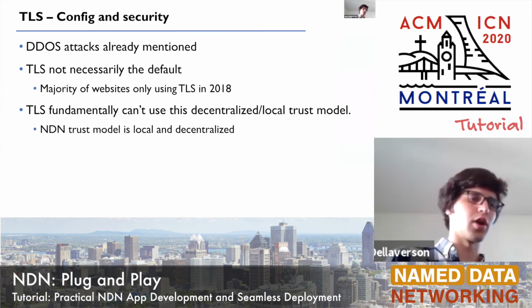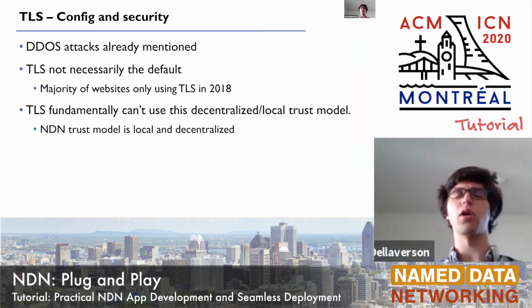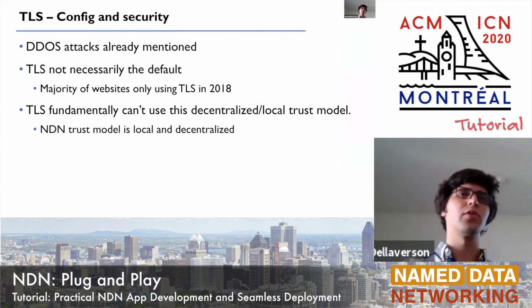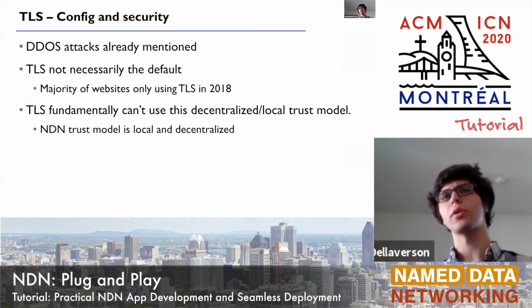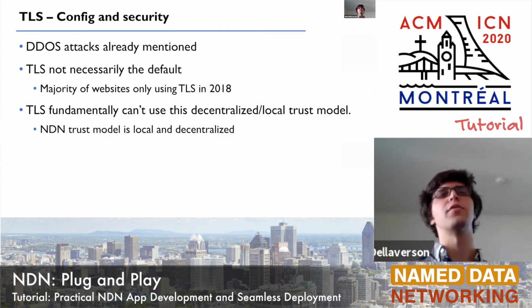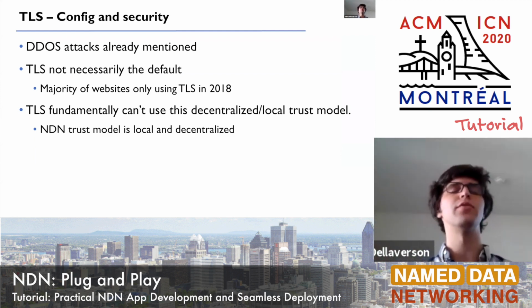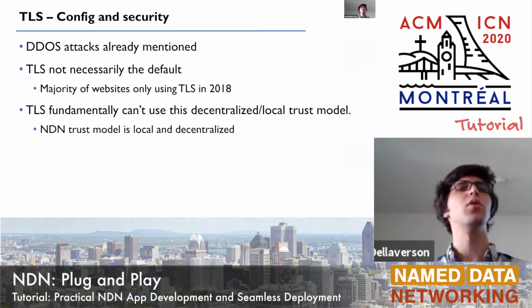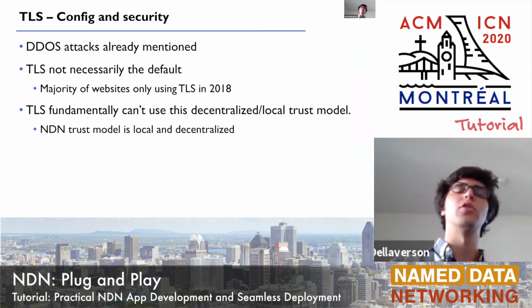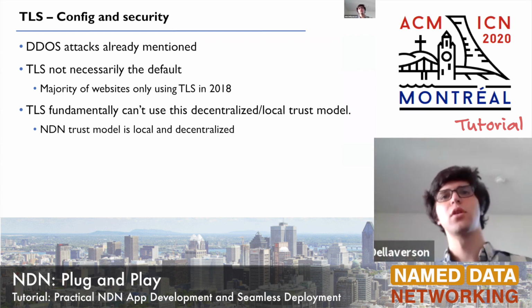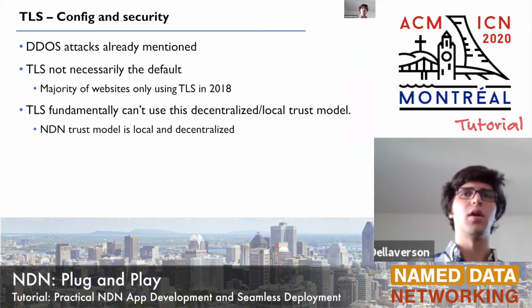And there are a few reasons we're not going particularly far in talking about TLS. The first is the DDoS attack, source address spoofing that we already mentioned. Secondly is the fact that TLS is not necessarily the default that gets used. Just as an example, the majority of websites only started switching over to using TLS in 2018.